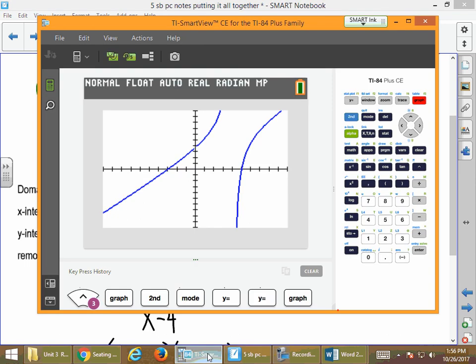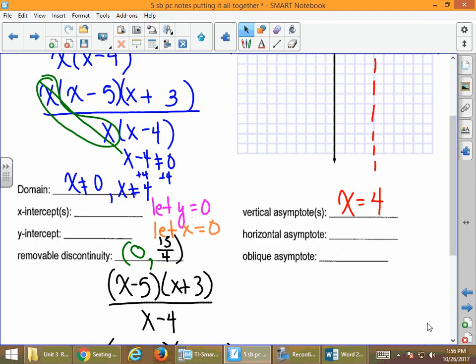What happens with our graph when we cross the y-axis? It crosses here. What happens? There's an open circle right there. In this particular case, we don't have a y-intercept.